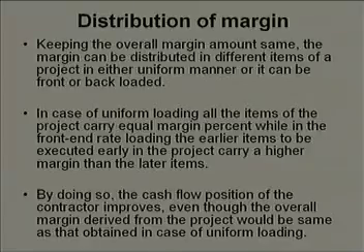Then there is a distribution called front loading. In front loading, what happens? The contractor will identify those items which he is going to execute right at the beginning, maybe in the initial few months.